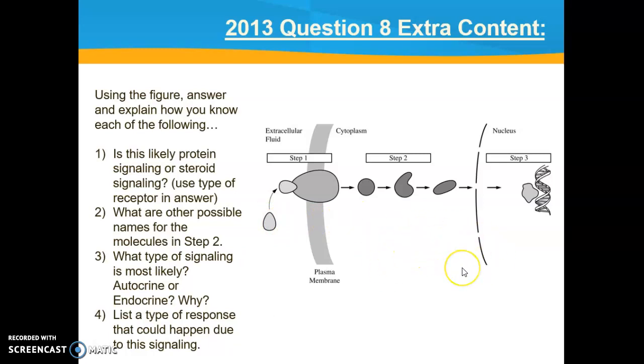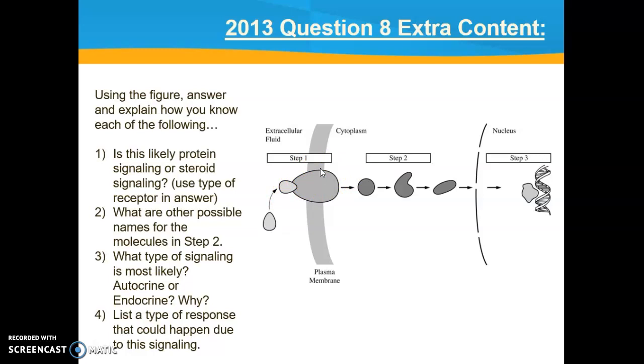If that is the case, that would be a steroid signal, right? Steroids are lipids and are able to pass right through the membrane. If this was a protein signal, then our ligand, our signal, would be received in the membrane.